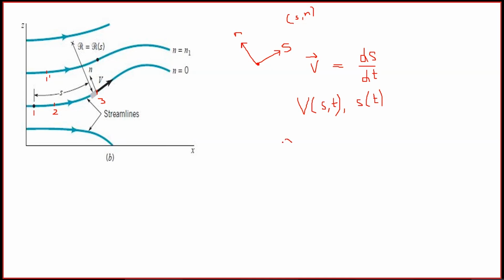So if I want to calculate acceleration along the streamline, I will simply take the derivative of the velocity with respect to time. Clear? Yes, sir. So how will this derivative be defined?